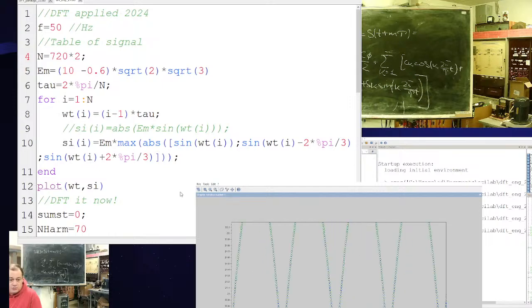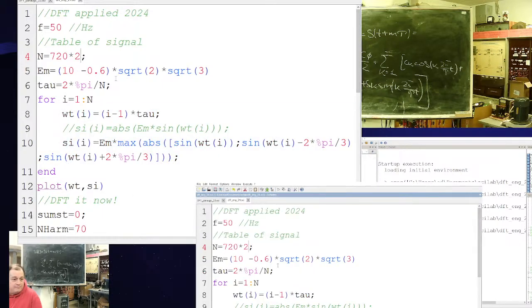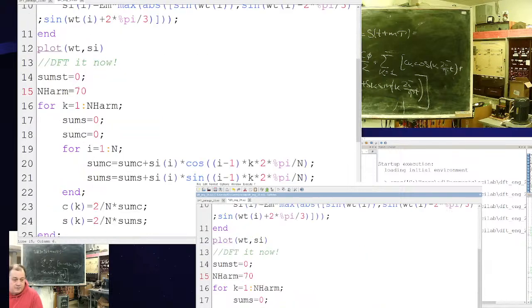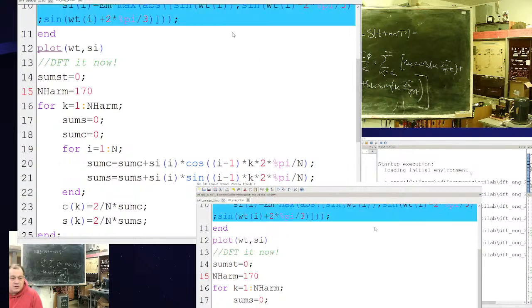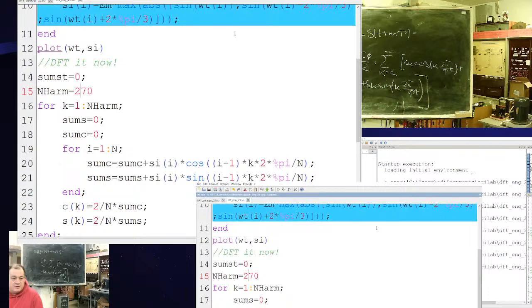By the way, I would like to show you one thing. Where is number of harmonics? This will work, no? Still works. Something goes wrong here.